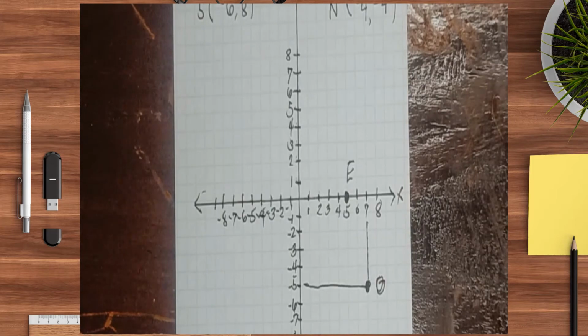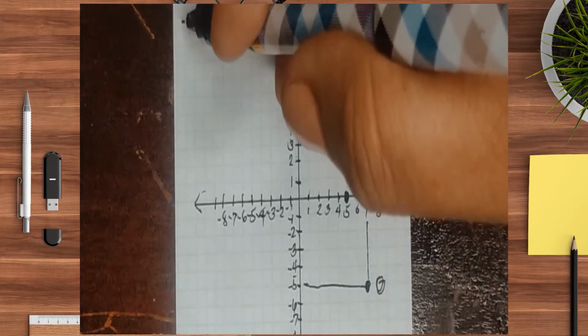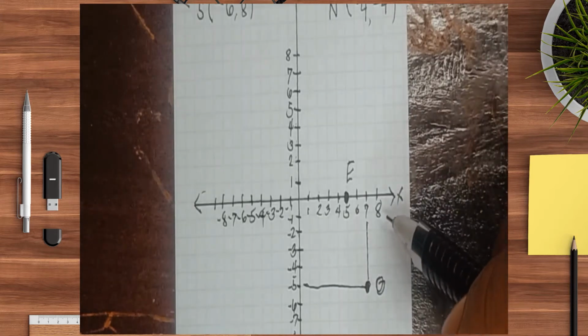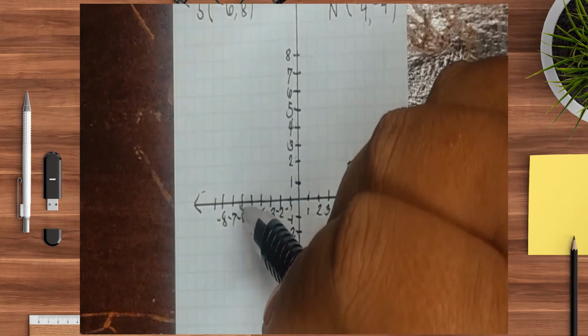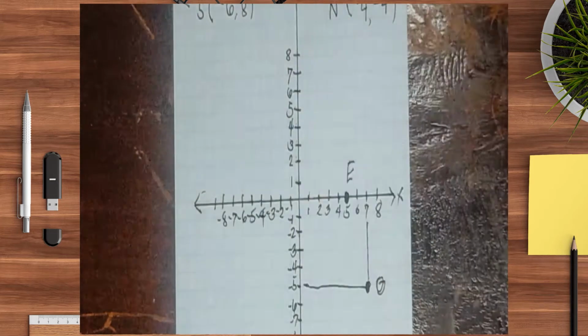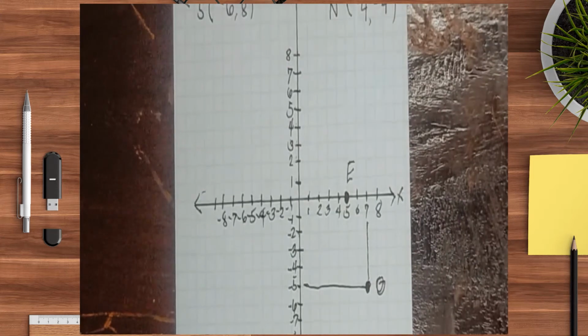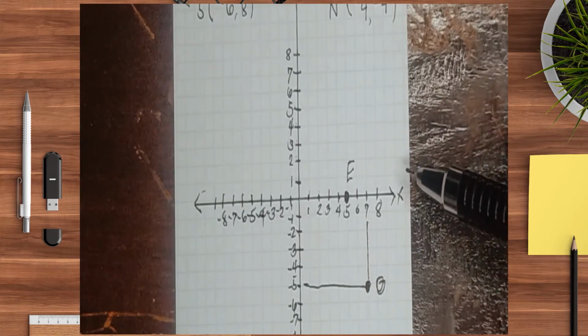Now let's have point S, and the coordinates are negative 6 and positive 8. Locating our x coordinate, it is on our negative 6. Let's locate our negative 6. It is here.